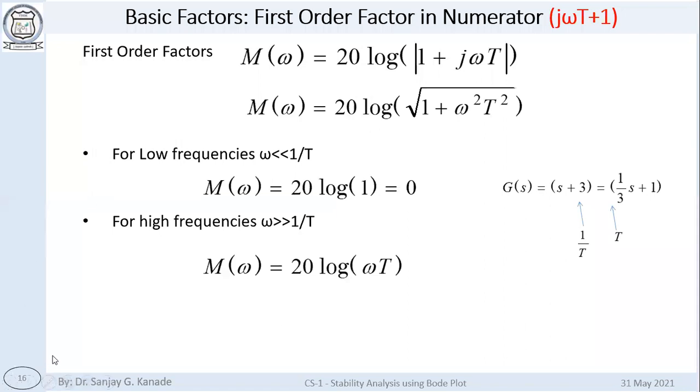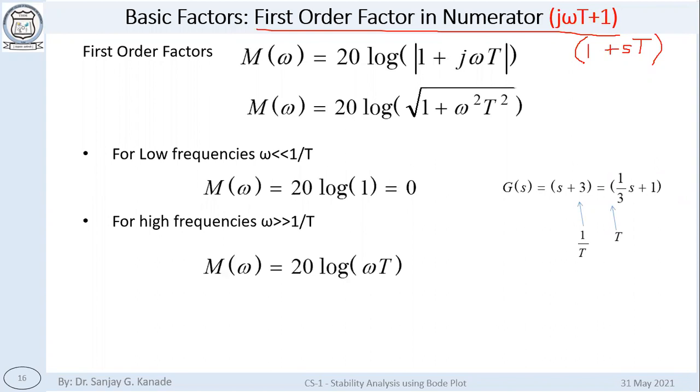What does first order factor mean? Let's say in the numerator, it is something like 1 plus j omega T, simply 1 plus sT. This is a first order factor. We are going to see how the Bode magnitude and phase plot for this factor can be drawn.